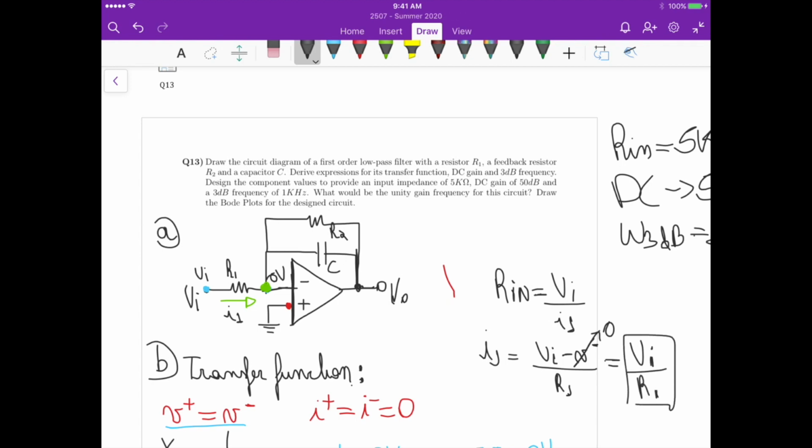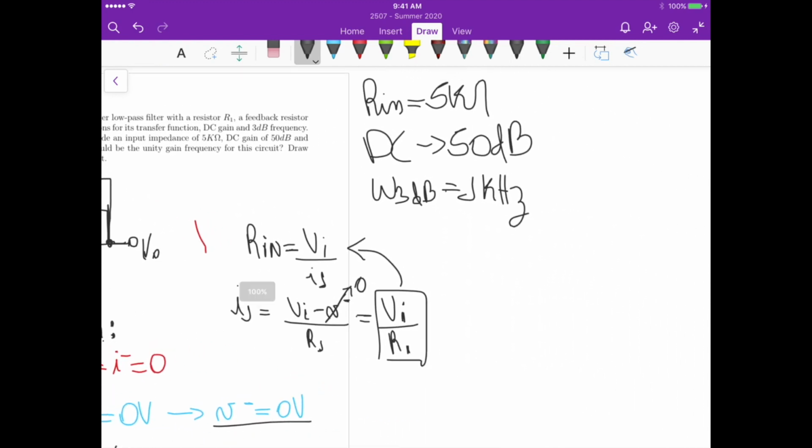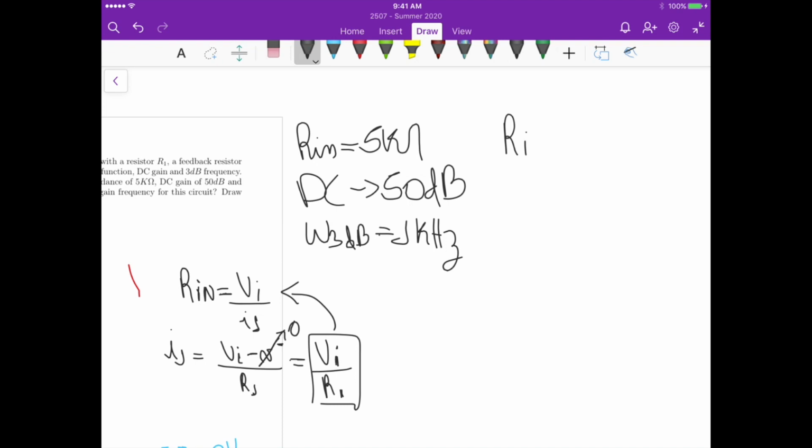If we substitute this in this equation here, we figure out that our input resistance is equal to R1. From a design point of view, our R1 should be equal to our input resistance. So from the design specification, R1 should be 5 kilo ohms.